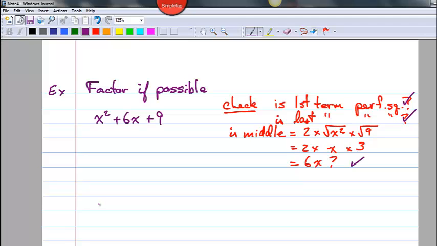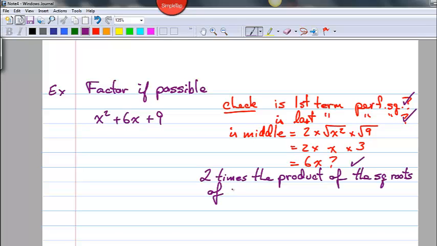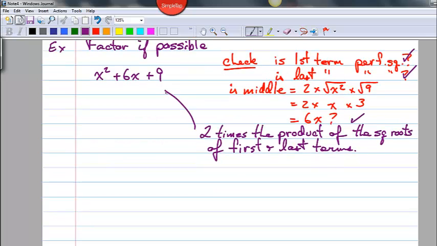So again, the middle term should be 2 times the product of the square roots of the first and last terms. Square root of x squared is x, square root of 9 is 3, that makes 3x, times 2 is 6x.